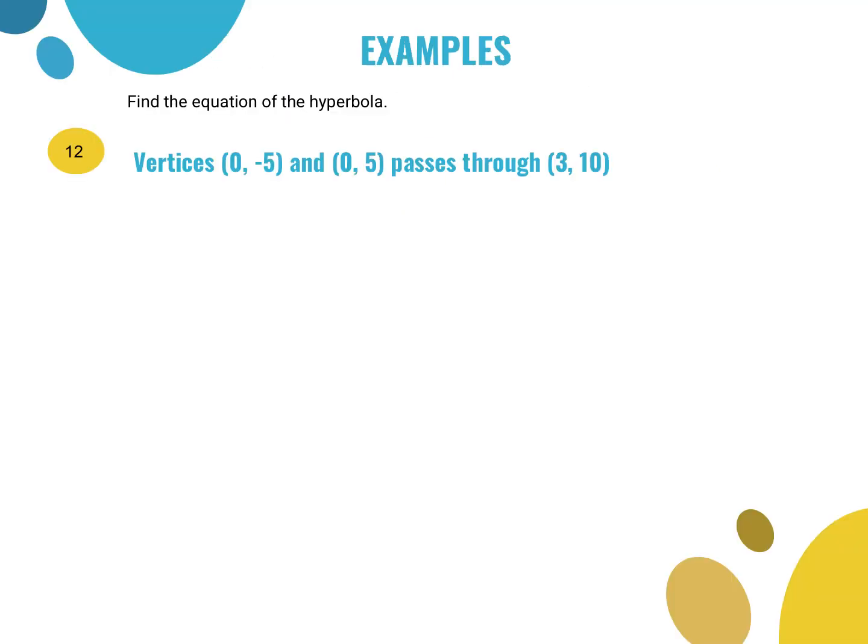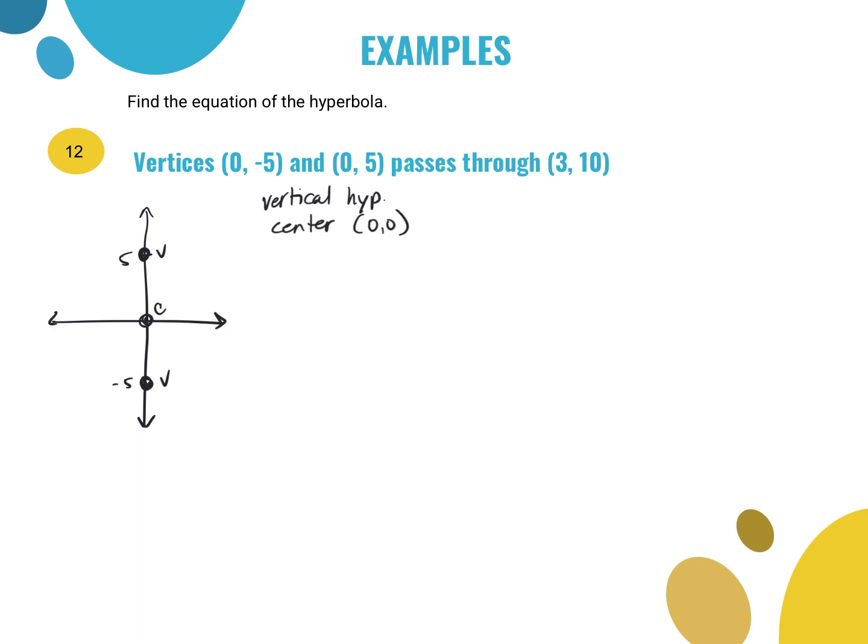All right, so we keep going. Here, again, we have vertices located at 0, negative 5 here, and 0, 5 here. So we know this is a vertical hyperbola. We also know that the center is in the middle of those 2 points, so the center's at 0, 0.